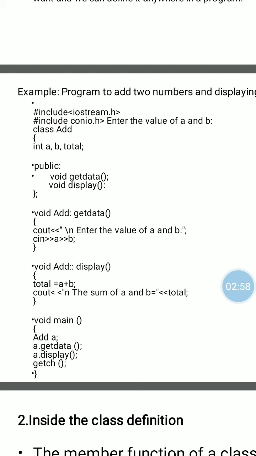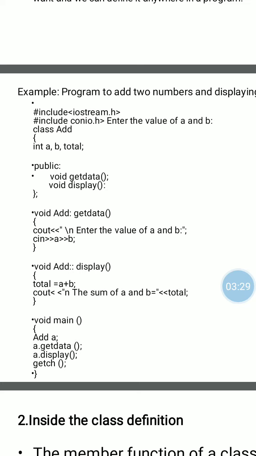Next, the class is completed with a semicolon, and after that the getdata and display functions are defined outside the class, that is void add scope resolution operator, whose symbol is double colon, getdata.